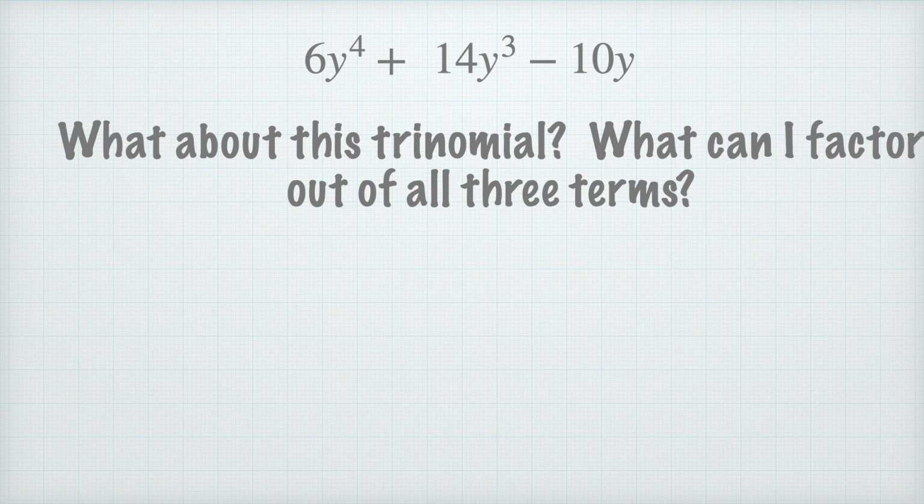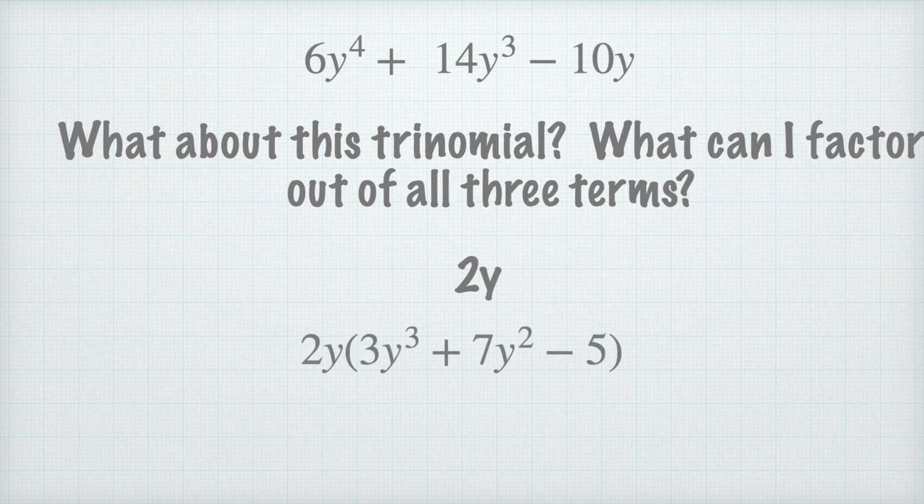Now, I'm looking for the y with the smallest exponent, because the variable with the smallest exponent is going to be my greatest common factor. So I'm going to factor out a 2y from each term. 6y to the 4th divided by 2y, 14y cubed divided by 2y, and minus 10y divided by 2y.